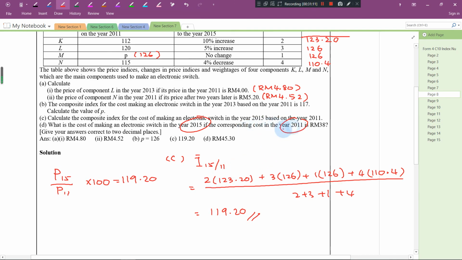The cost in the year 2011 is 38. So I move the 100 over here. The cost in the year 2015 will be 119.2 over 100 times 38. We just round off our answers to 2 decimal places as asked by the question, which is 45 ringgit and 30 cents. Correct.